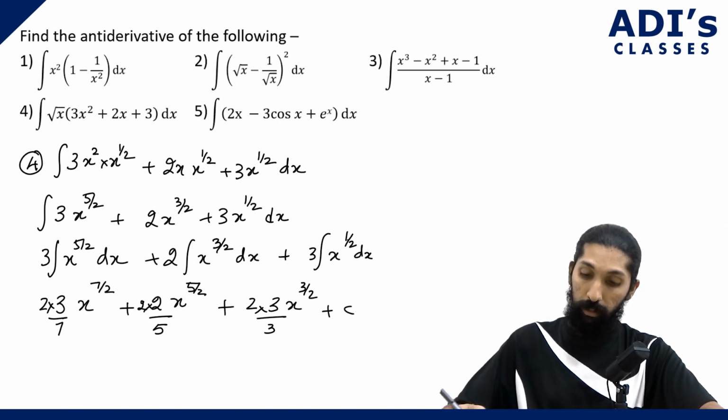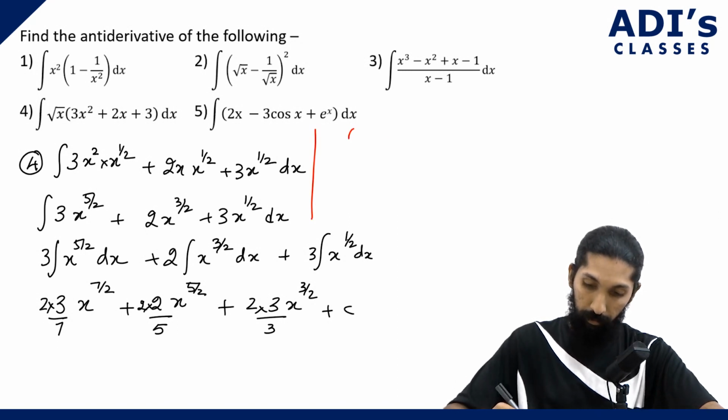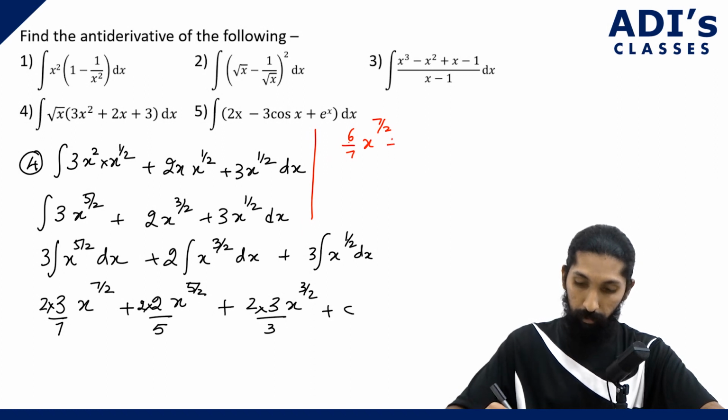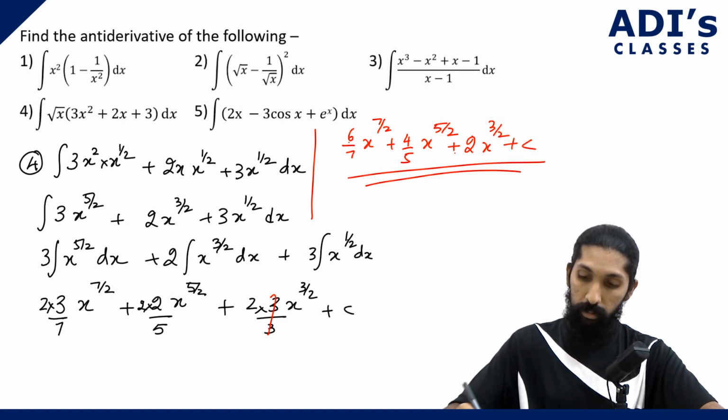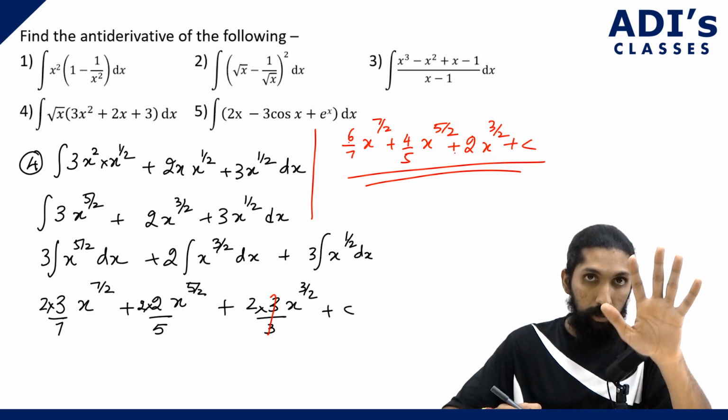So the final answer is going to be 6/7 x^(7/2) + 4/5 x^(5/2) + 2x^(3/2) + c, where the 3 and 3 cancel. So this is the final answer.